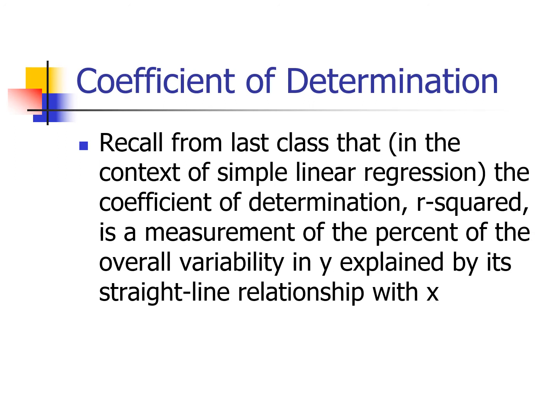All right. So the last thing we talked about last week, you might recall, was this not so excitingly phrased coefficient of determination, right? So remember from last class, at least in the context of what we were talking about, which was simple linear regression, one x, one y, the coefficient of determination, the r squared, is the measurement of the percent of the overall variability in y explained by its straight line relationship with x.